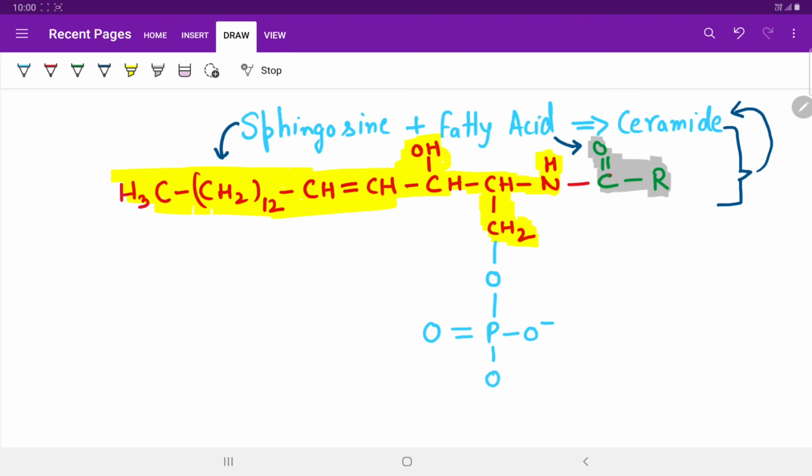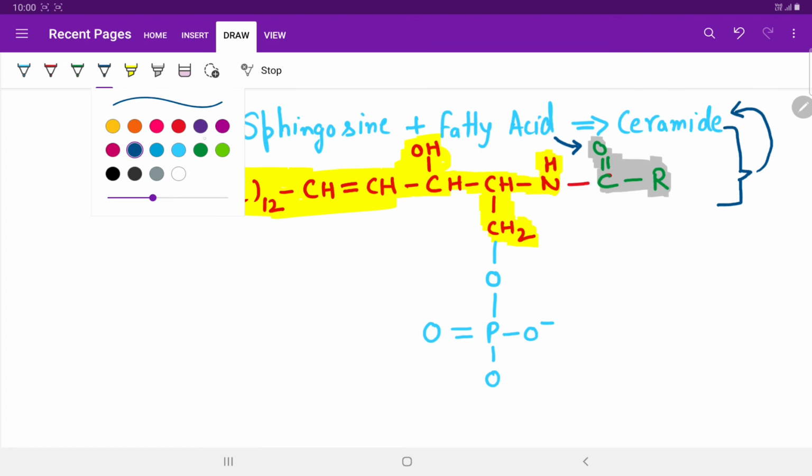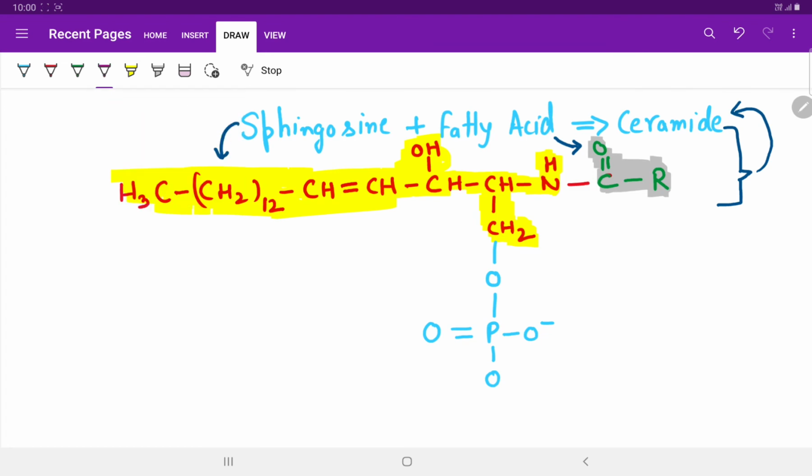To this last oxygen, a molecule of choline will be attached. Now 3-methyl will be attached to this. So this is the molecule of choline.